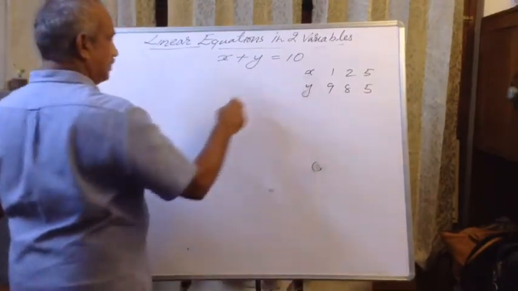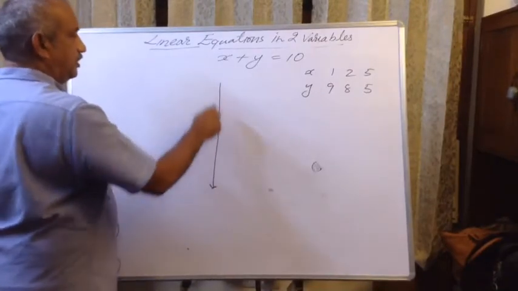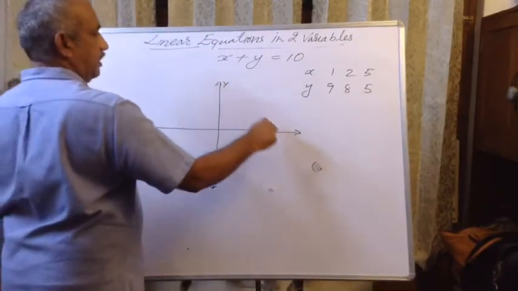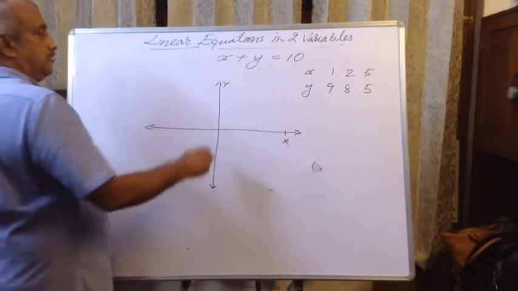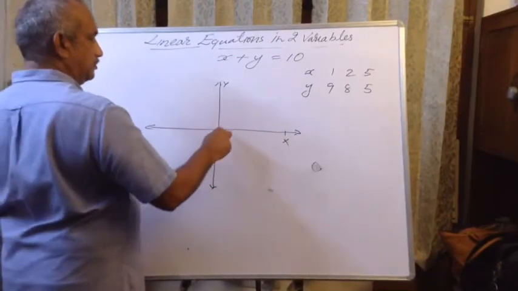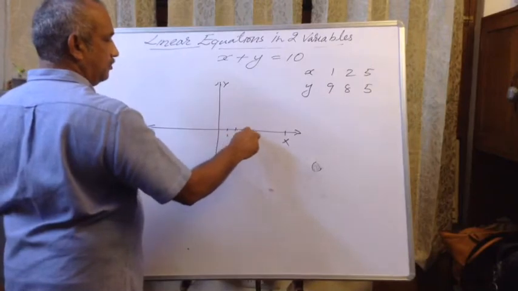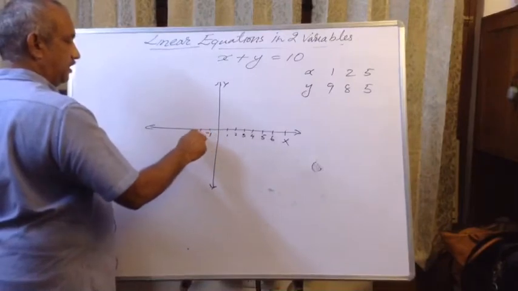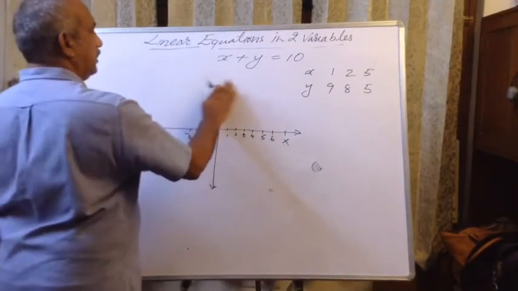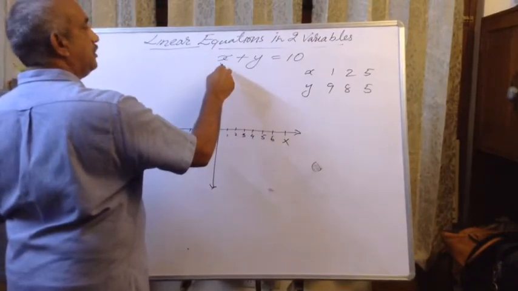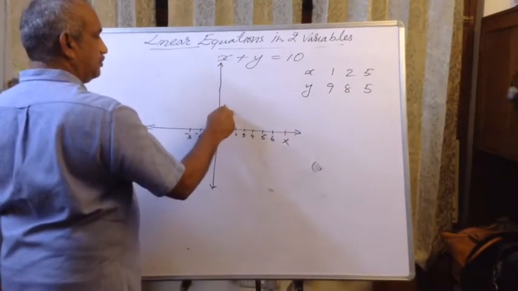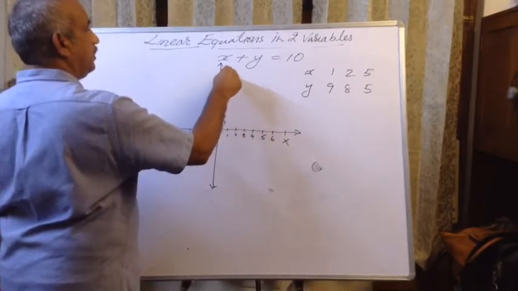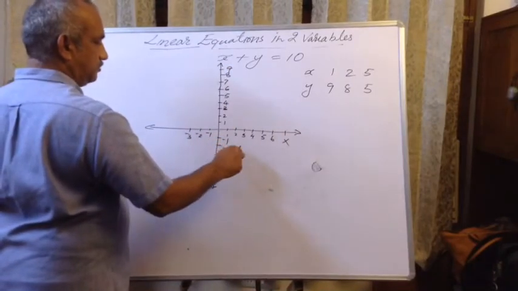Now let us draw the graph. See, on the Cartesian plane, we will draw the x and y axes. Then mark 1, 2, 3, etc. and -1, -2, -3, etc. And I am extending this because I have to go till 9 and all. 1, 2, 3, 4, 5, 6, 7, 8, 9, etc. and -1, -2, -3.